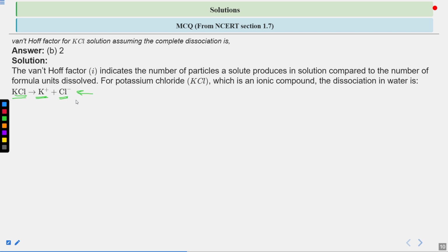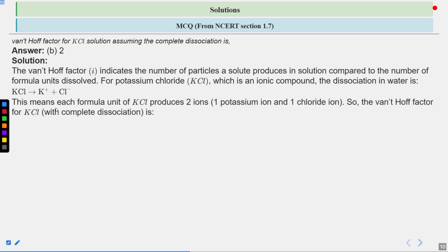These are the ions we will get after the complete dissociation of KCl in the water. So, what does that mean? This means that each formula unit of KCl produces two ions, one potassium ion and one chloride ion.